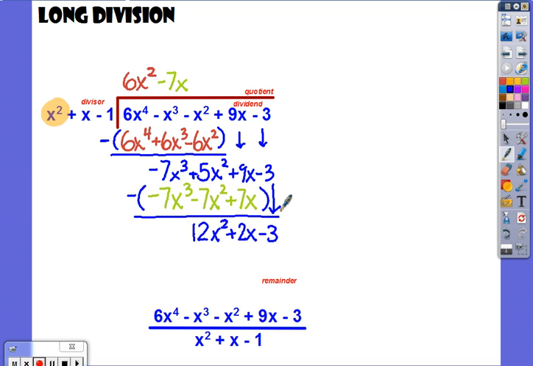Are you seeing it? So last step, I'm looking for something in my quotient so that that times x squared will give me 12x squared, and it's got to be 12, right? So I'll take 12 times all three of these things, just distributing it through. 12 times x squared. 12 times the x. 12 times the negative 1.